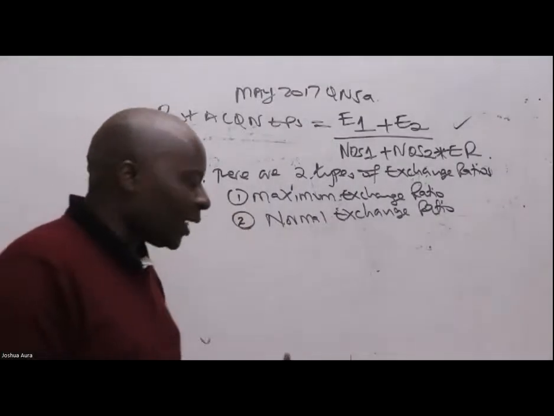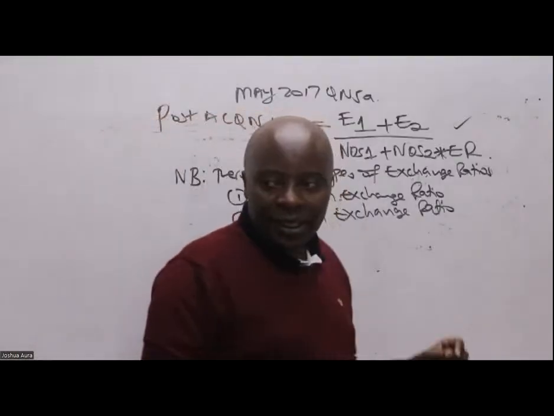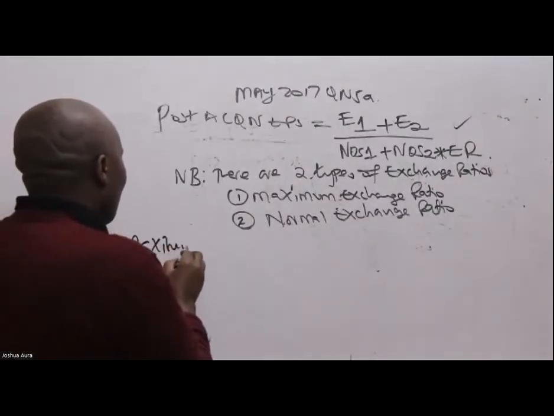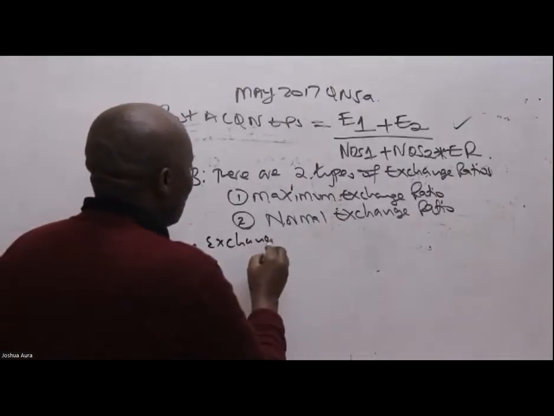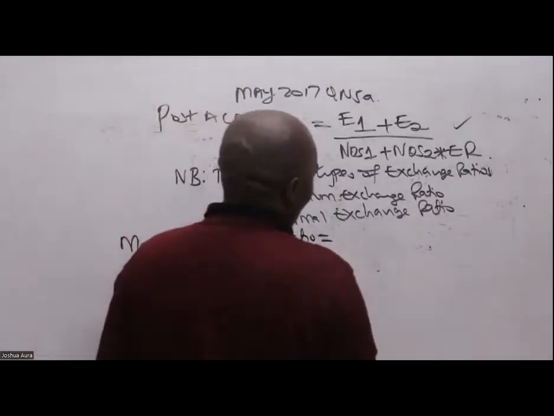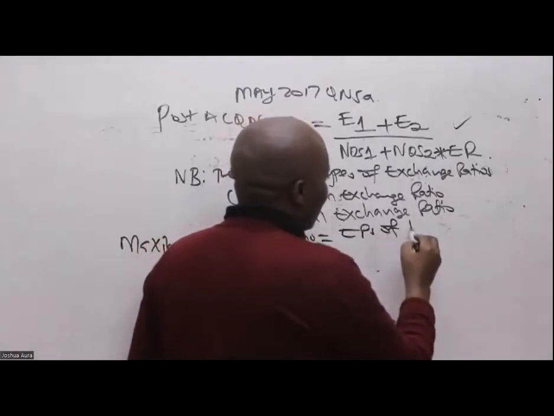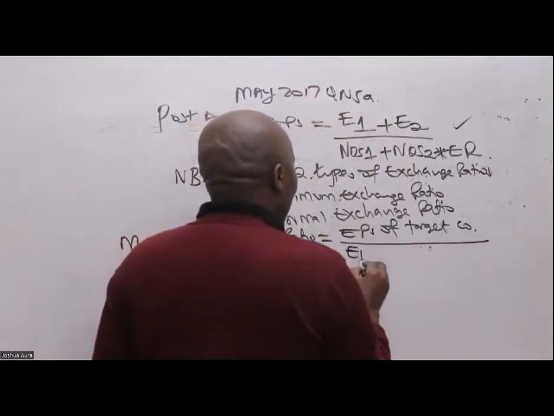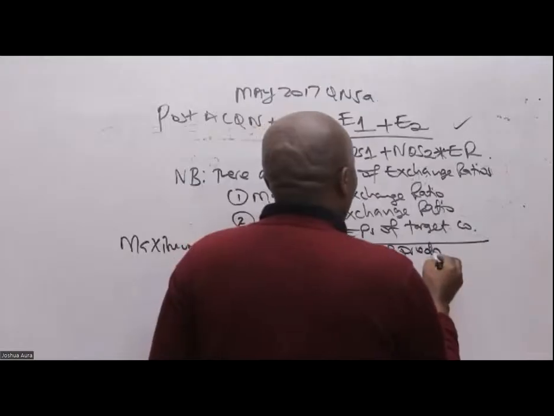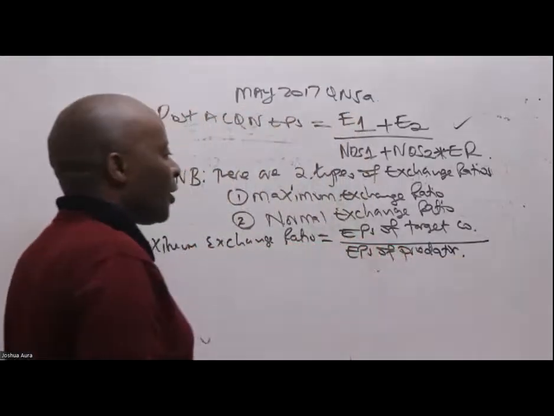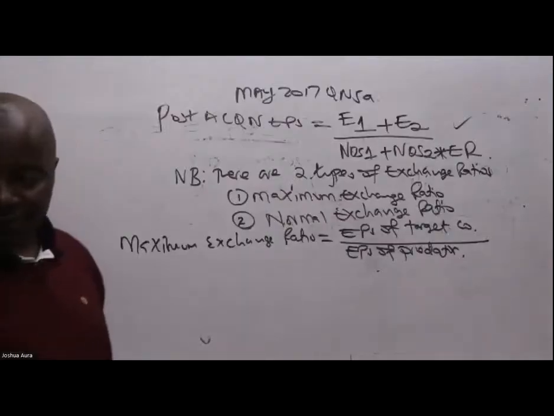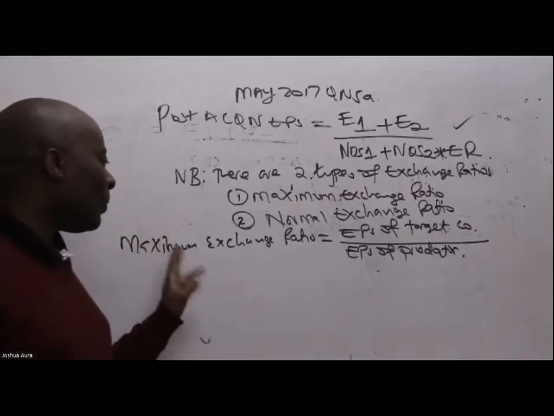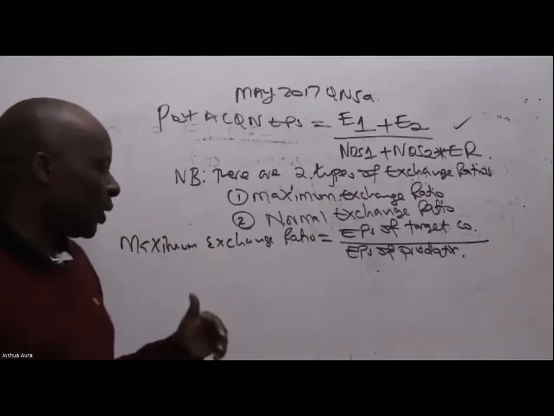Maximum exchange ratio equals EPS of target company all over EPS of the predator. That's the maximum exchange ratio. Unless the examiner specifies that they want the maximum exchange ratio, I'll always think of the normal one.